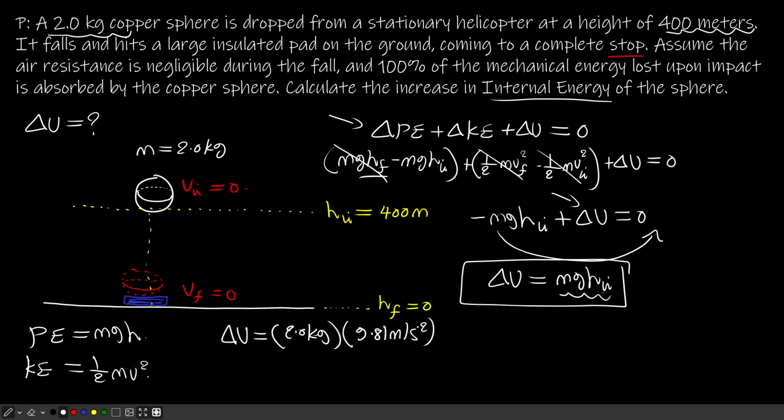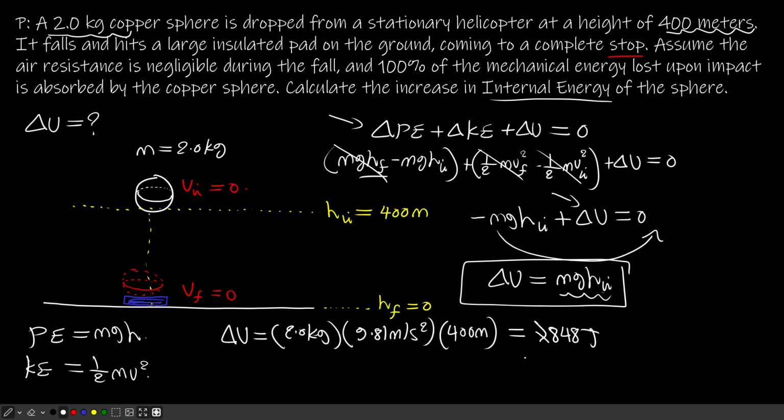You can take 9.8, whatever you like. And the initial height, which is 400 meters. Now, if we multiply all of this, what do we get? Well, let's see. We get exactly 7,848 joules.